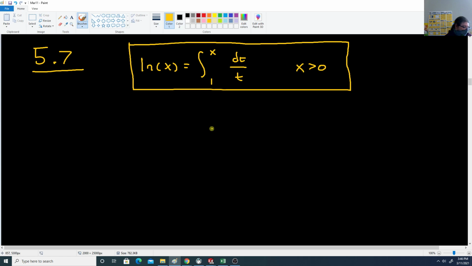And then we're going to get a bunch of other things here. We get arcsine. We have a way of representing arcsine of x.